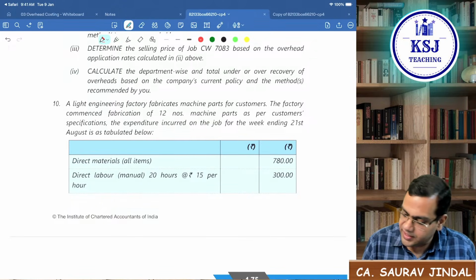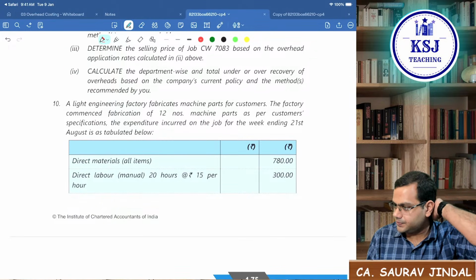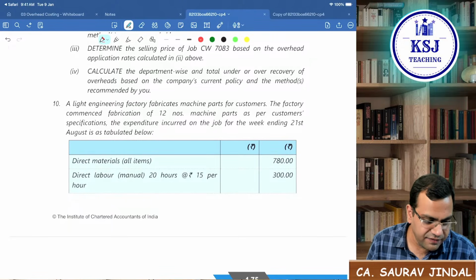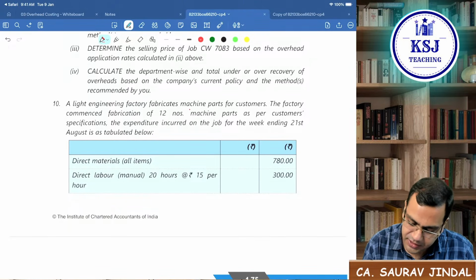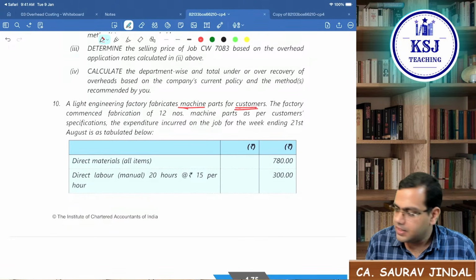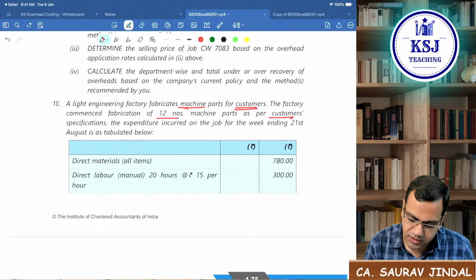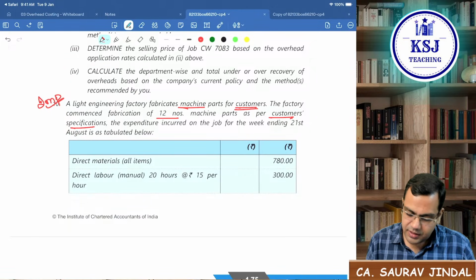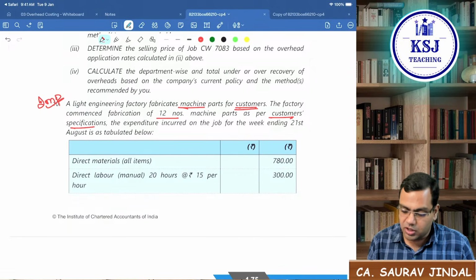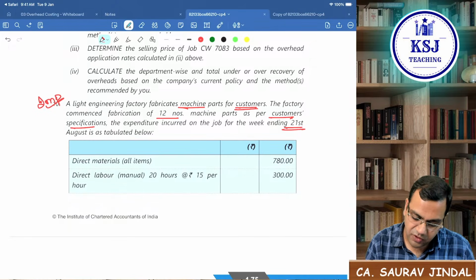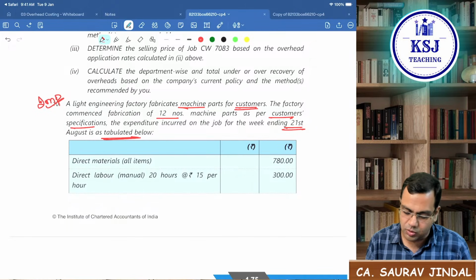A light engineering factory fabricates machine parts for the customers. The factory commenced fabrication of 12 number machine part as per the customer specifications. Mark it as important. The expenditure incurred on the job for the week ending 21st of August is as tabulated below.